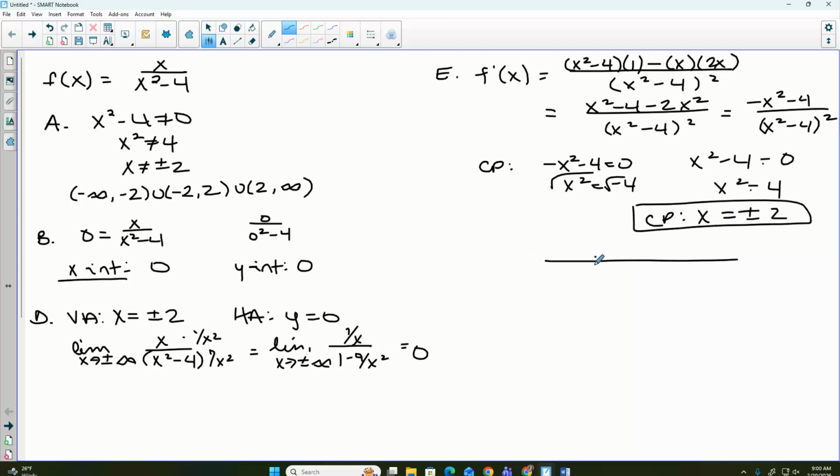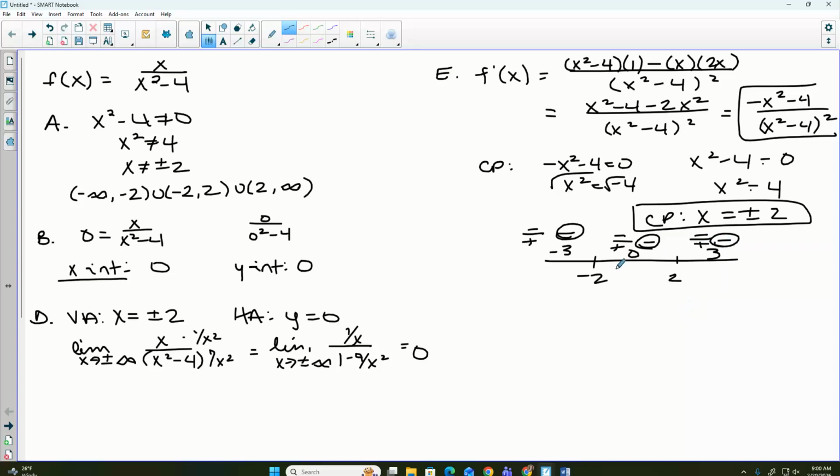So then if we do our sign line, and we're putting those into this derivative, so I would get negative 9 minus 4, which is negative. The bottom is squared, so it's positive, so that section's negative. Put in a 0. 0 minus 4 is negative over a positive, so negative. Put in a 3, so a negative over a positive is still negative.